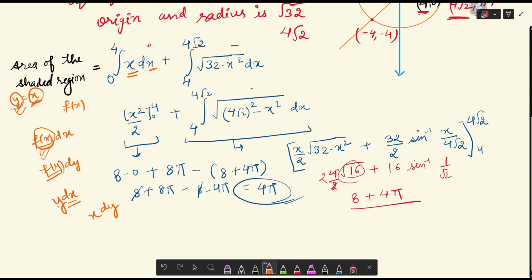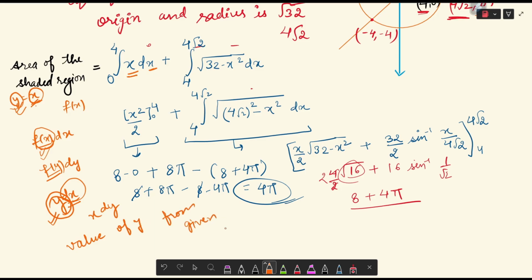So what they signify is, if you are taking dx then here you need to find out the value of y from the given equation of curve, and the value of y will be in terms of x.